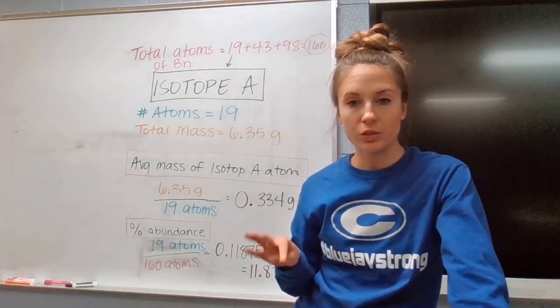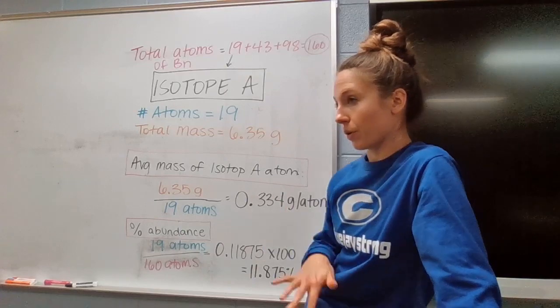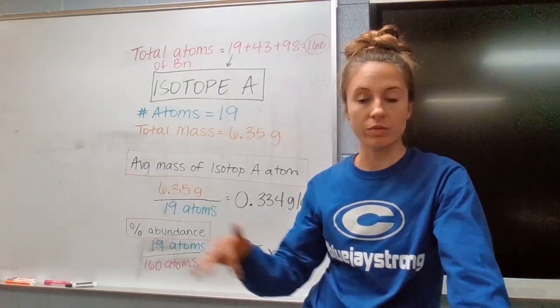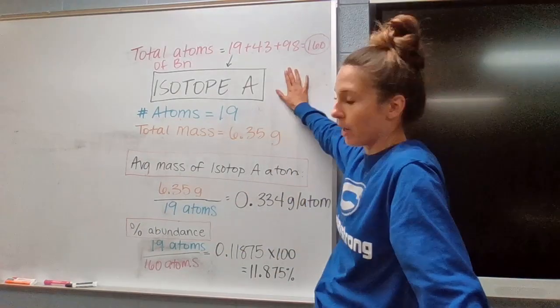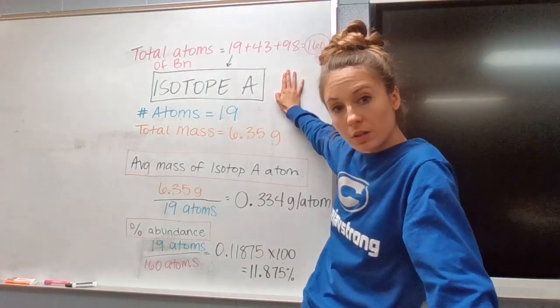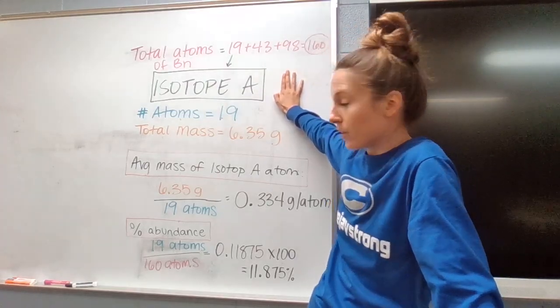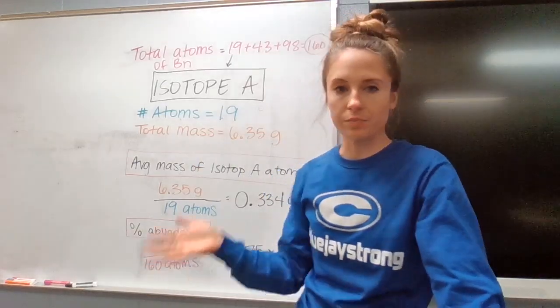Okay, so I'm going to show you the calculations that you have to do on your own for each of the 3 isotopes before you get into the questions for the lab. So I'm going to do the calculations for isotope A. If you want to put these into your table, you will do very similar calculations, just using different numbers for isotope B and isotope C.